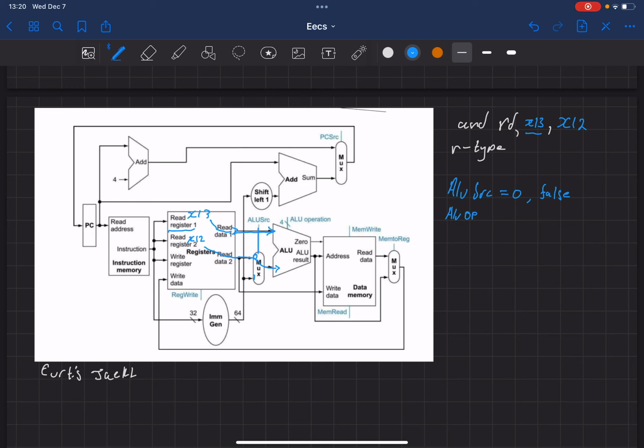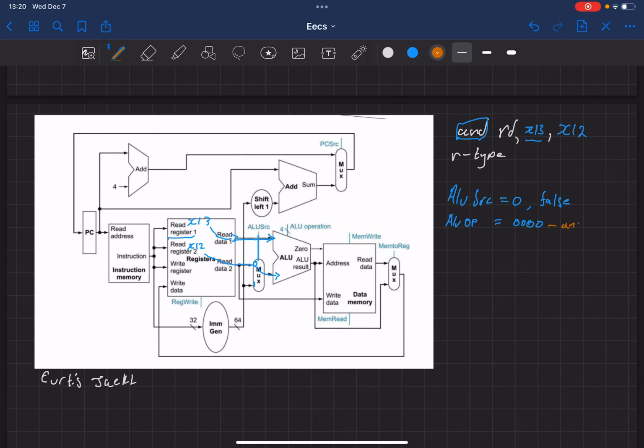The one we want, since it's AND, the AND operation is going to be 0, 0, 0, 0. But there are other ones. So this is AND. Now there's OR, so we have 0, 0, 0, 1. That's if this was an OR. So if this right here was an OR, then that is the instruction we would want.